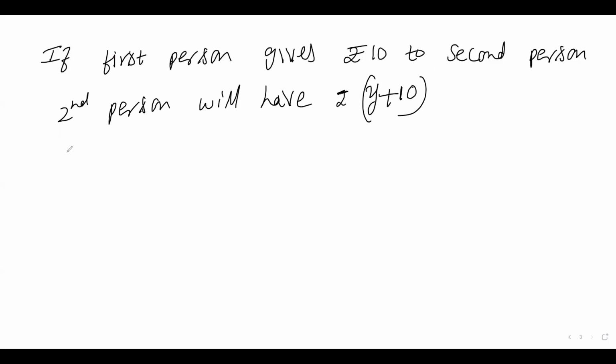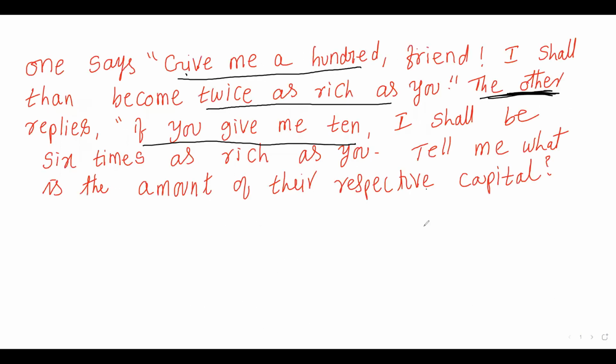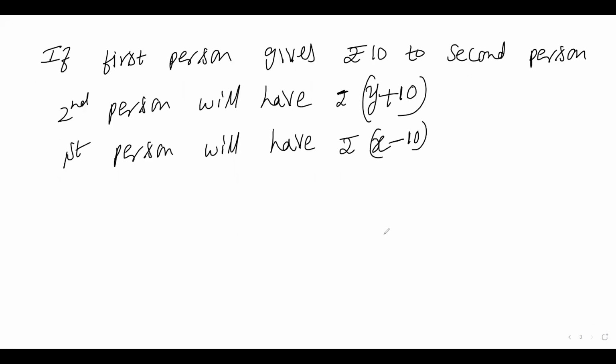First person will have, he was having X rupees, he gave 10, so 10 reduced. And the condition is, I shall be 6 times as rich as you. So second person is saying, I shall be 6 times as rich as you.